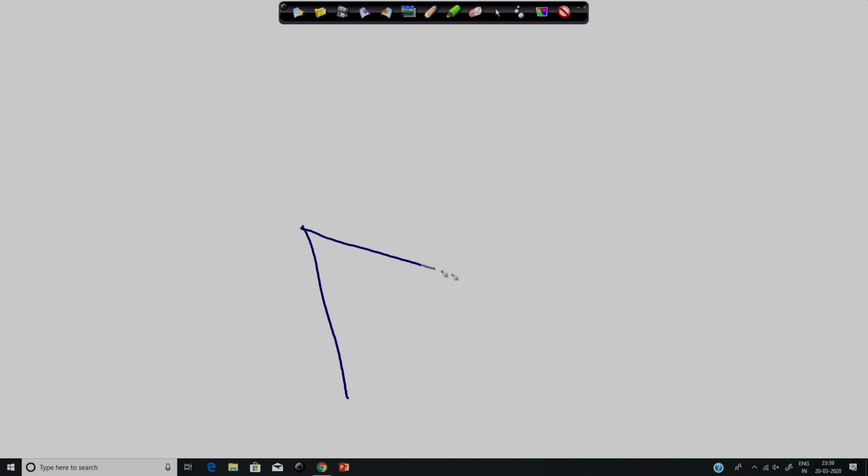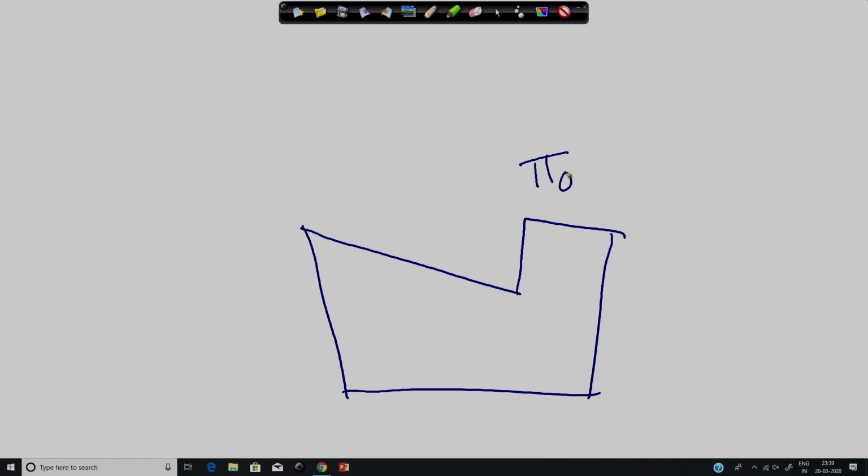Yes, apparent coefficient of friction. Let me draw a quick picture. When this is the cutting tool and say this is the rake surface, this is the rake surface in the orthogonal plane, so I write pi o.